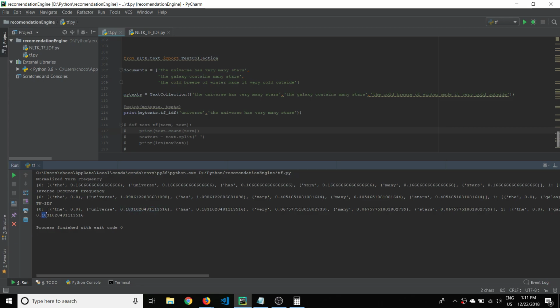And then NLTK, and take this with a grain of salt, because I did have to make one slight alteration to the source code to make this work for me, is 0.183102, which is exactly the same. I don't know, this isn't super validation that this is working, but it gave me a little bit more confidence in the math.